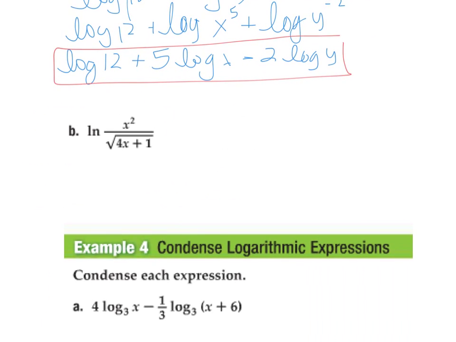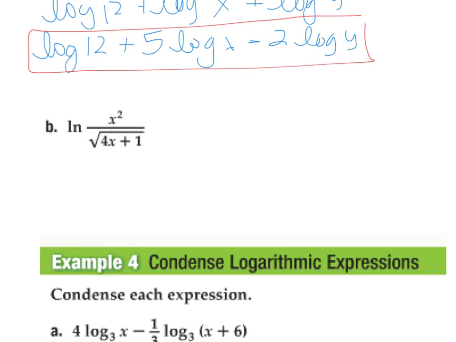So I want to try that out for part B. Instead of a product, we have a quotient, so that means we're going to write this as a difference. So that would be the natural log of x squared minus the natural log of the square root of 4x plus 1.